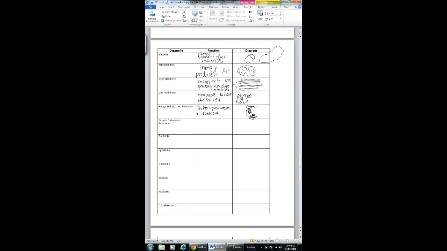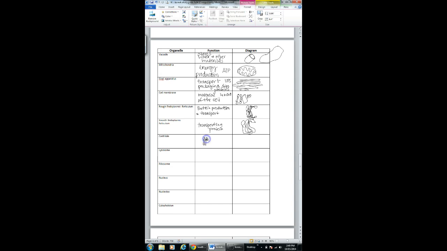Okay. Smooth ER is for transporting proteins. Proteins are a big function of our cell, obviously, and it's going to look similar to your rough ER, except it has no dots because it does not have ribosomes on it. All right, the centrioles, those are like little licorice cylinders.